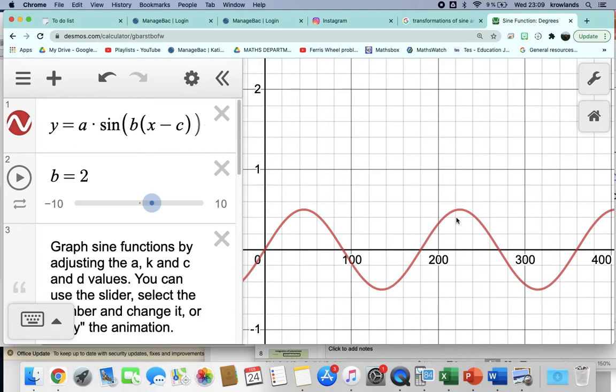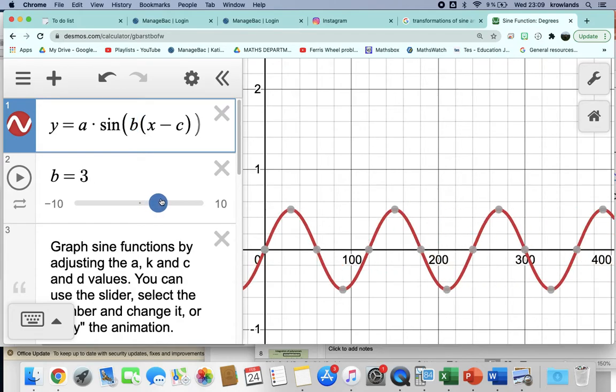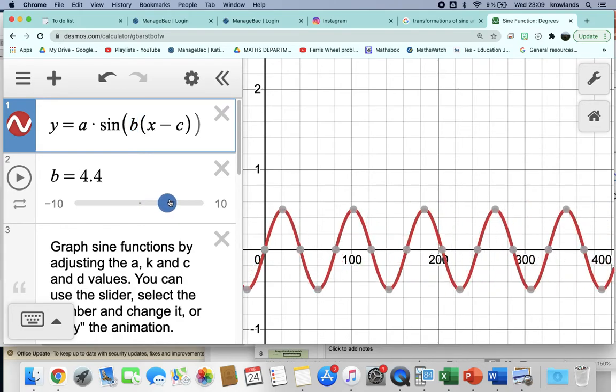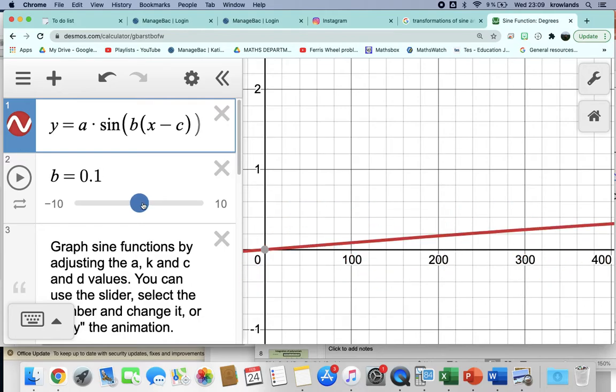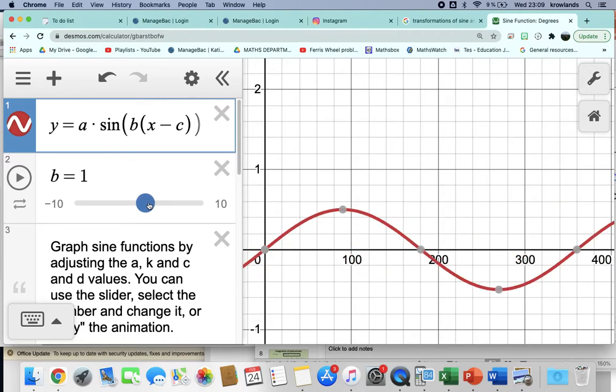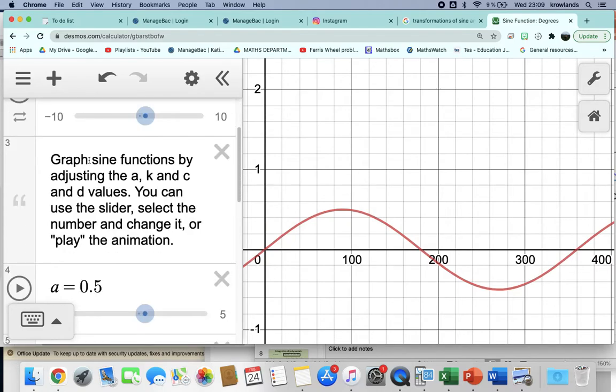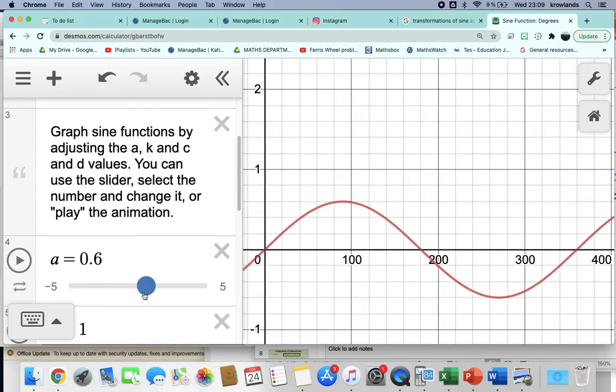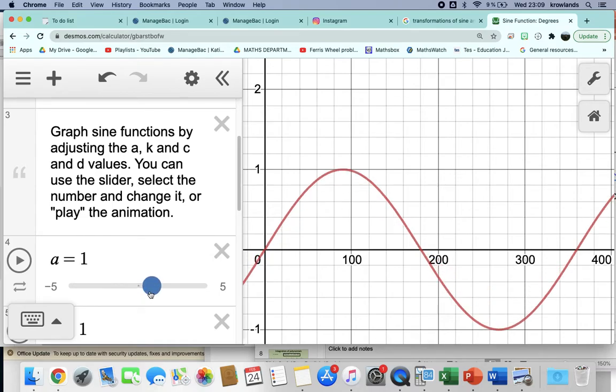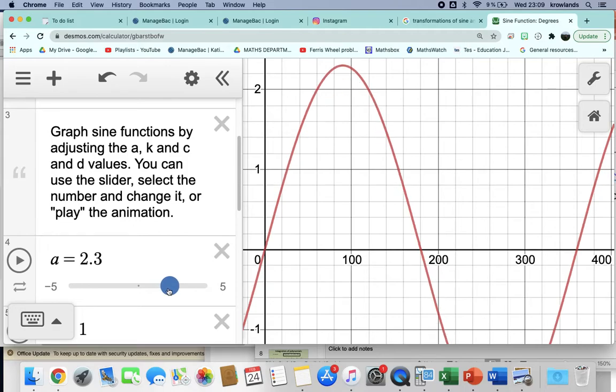This is really interesting. If it's something within the bracket, so if the B or the C changes, it's the opposite of what you think. If the B changes and gets bigger and bigger and bigger, the more squashed the graph becomes. If we change the B back to 1, there we go. Whereas if we change the A, rather than the graph becoming more squashed, when we increase the A, it becomes more stretched.